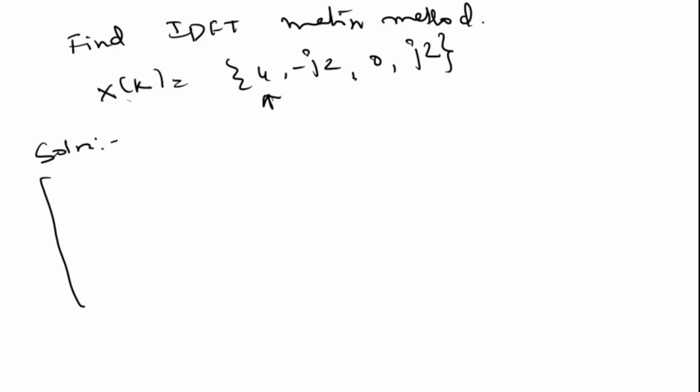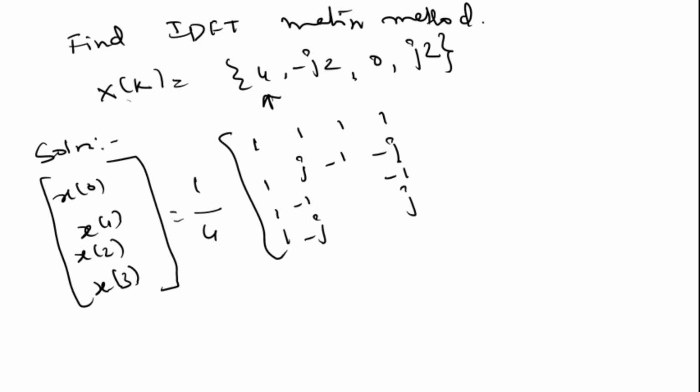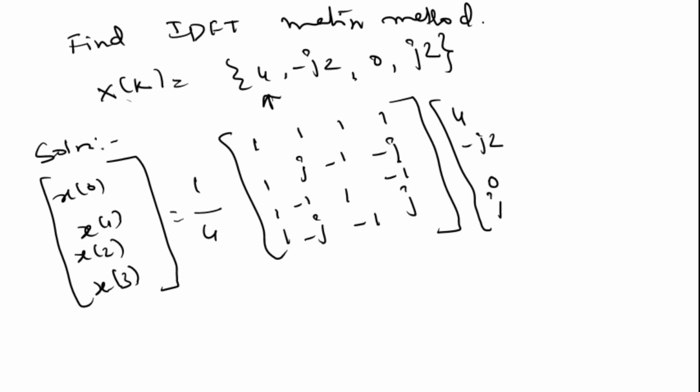So x of 0, x of 1, x of 2, x of 3 is equal to 1 by 4 into the matrix 1, 1, 1, 1; 1, j, minus 1, minus j; 1, minus 1, 1, minus 1; 1, minus j, minus 1, j, multiplied with 4, minus j2, 0 and j2, which is equal to 1, 2, 1 and 0.